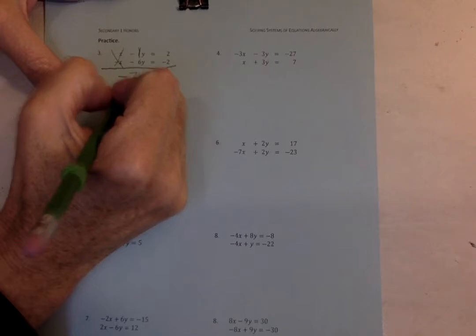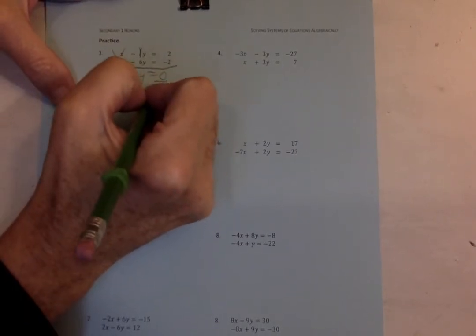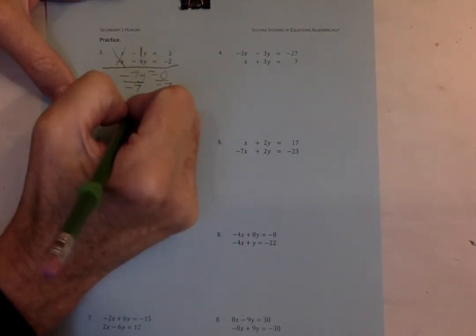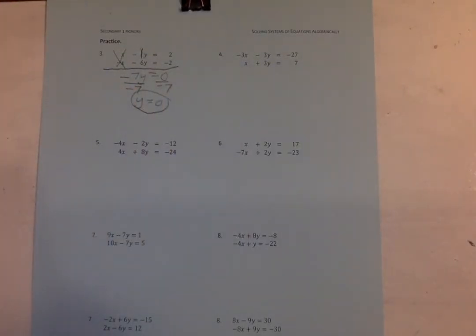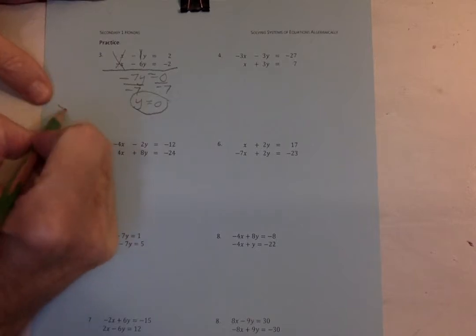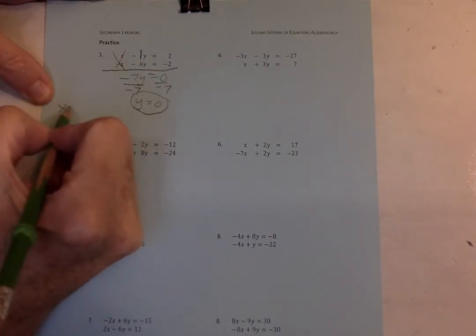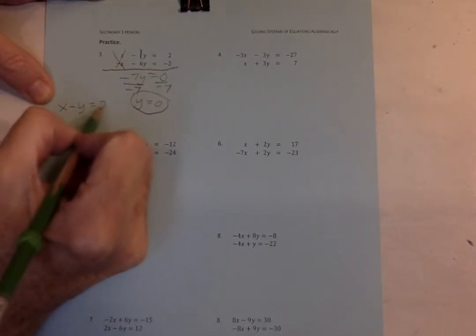Now we simply solve for y and then plug it back in to see what our x value is. So if I divide by negative 7, y equals 0. Now if I plug that back in, I'm going to put it into the first one, x minus y equals 2.